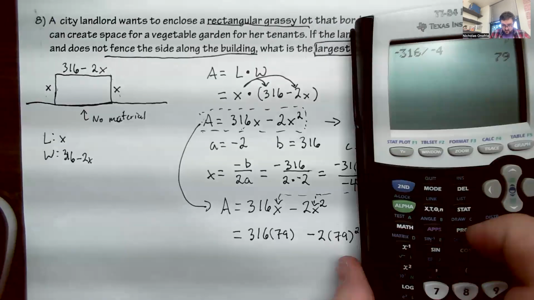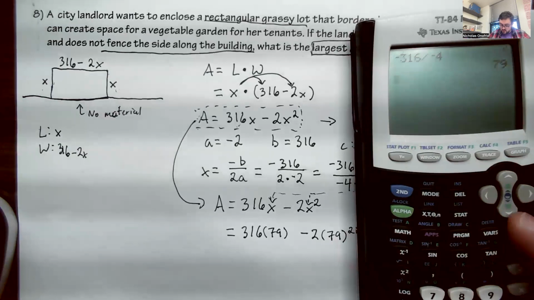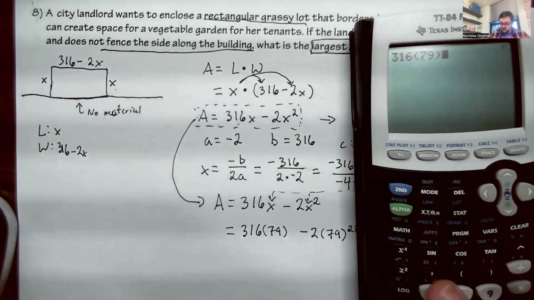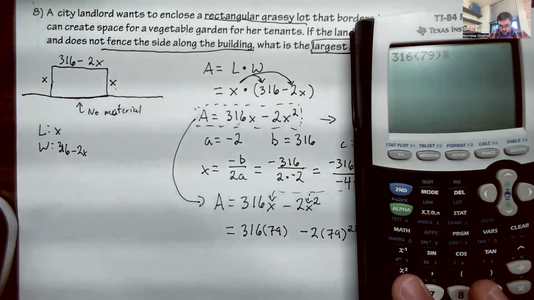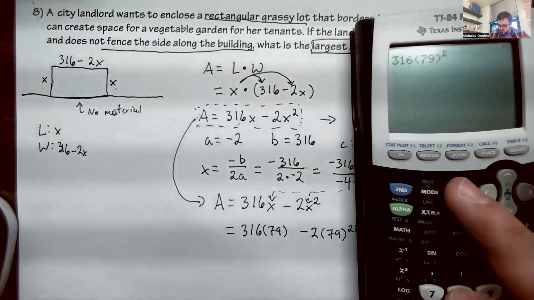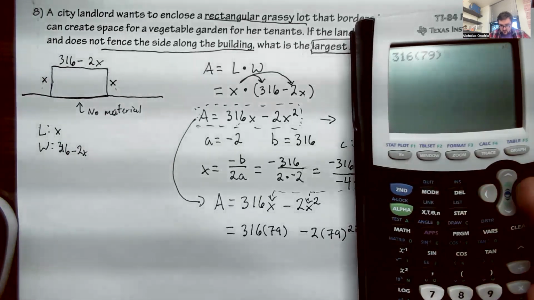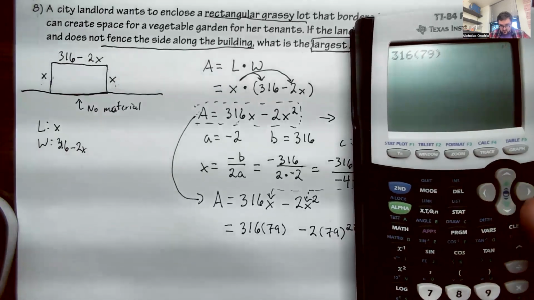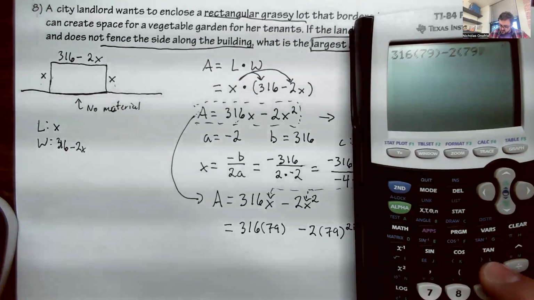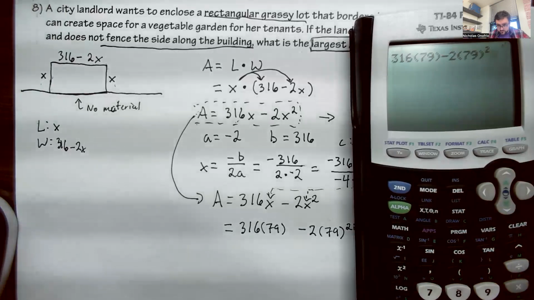Let's put that calculator to work. 316 times 79. To do the squared, you're going to hit that little button right there. Ooh, but not there. Mr. Onifrio is being a little silly. 316 times 79 minus 2 times 79 squared.